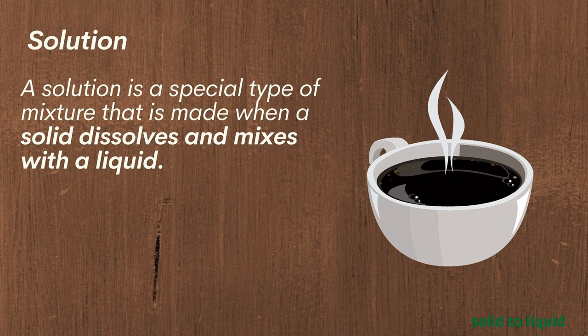Okay, how about mixing a solid in a liquid? When we are mixing a solid in a liquid, we are creating a solution, correct? What is a solution? A solution is a special type of mixture that is made when a solid dissolves and mixes with a liquid.